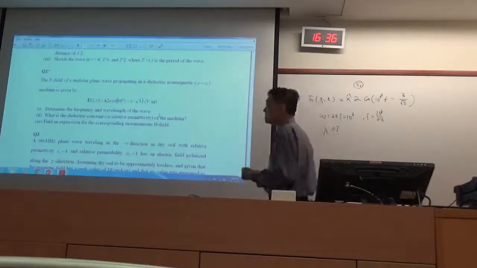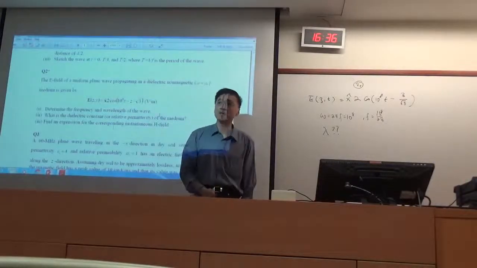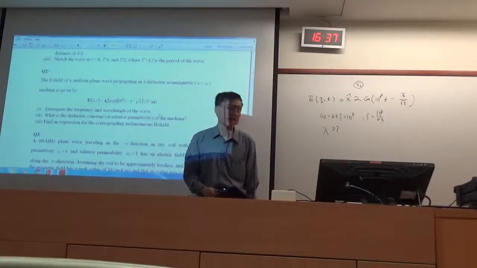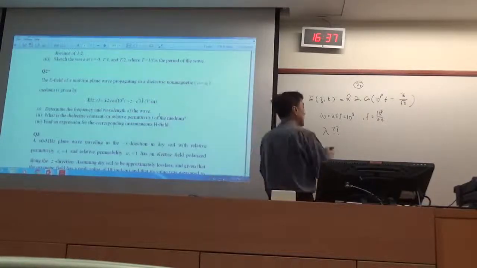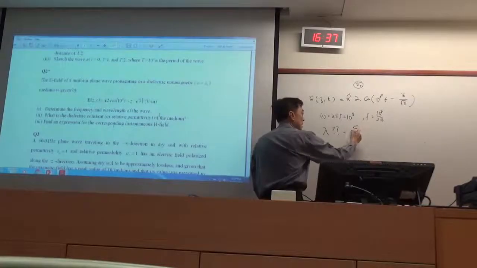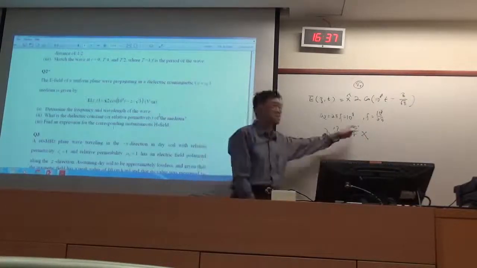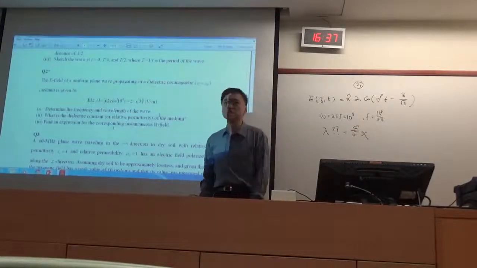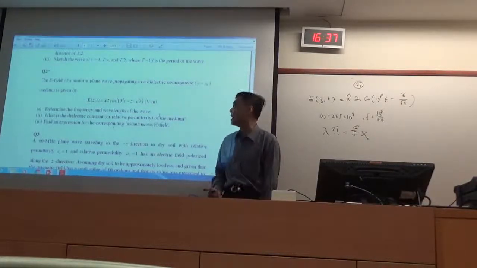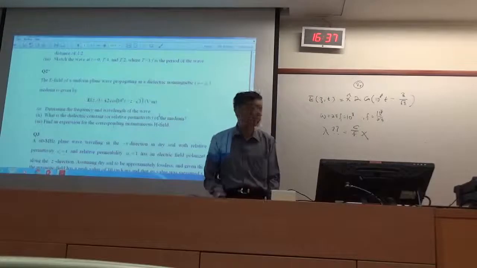The speed of the wave propagation is not the speed of light. It's not 3 times 10 to the power of 8. So lambda is not equal to c divided by f, which is not correct now, because the velocity is not c. I don't know epsilon r, so how to find the velocity?